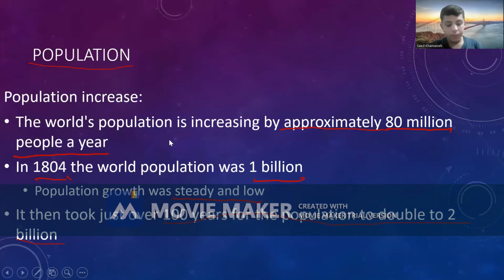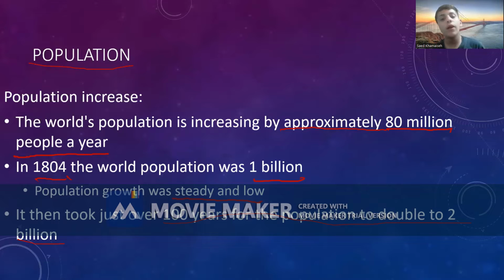So we said here the world population is increasing by approximately 80 million people a year. Then in 1004, world population was 1 billion. Population growth was steady and low.